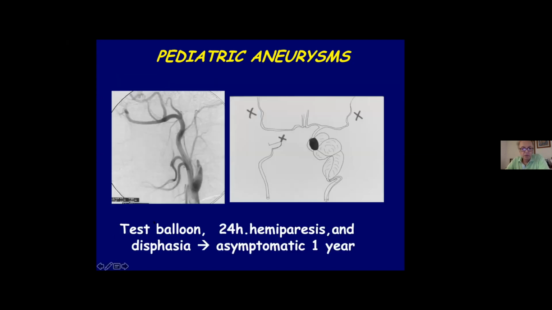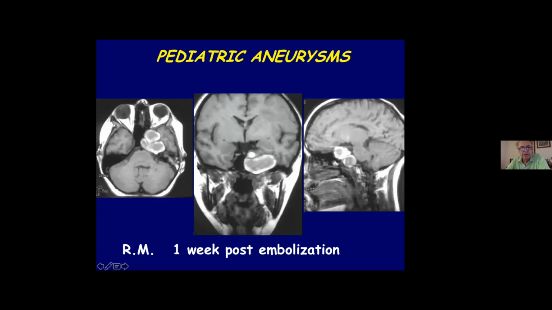Test balloon occlusion. The patient was well, but at 24 hours developed hemiparesis and aphasia. This is the balloon. This is an MR 1 week later.